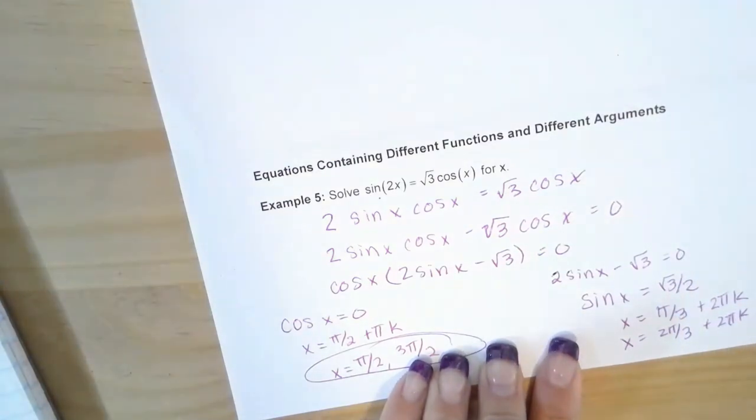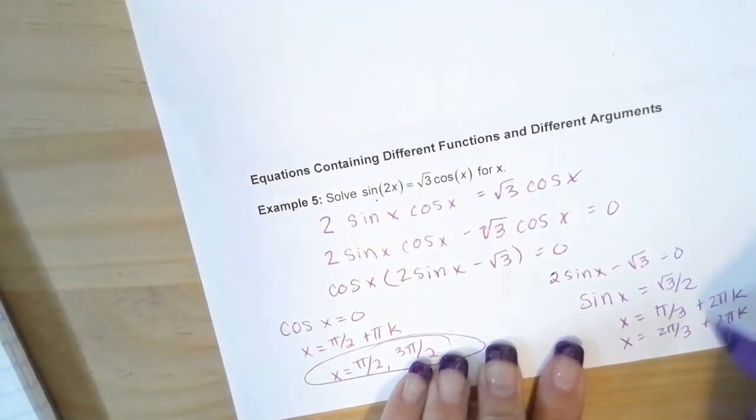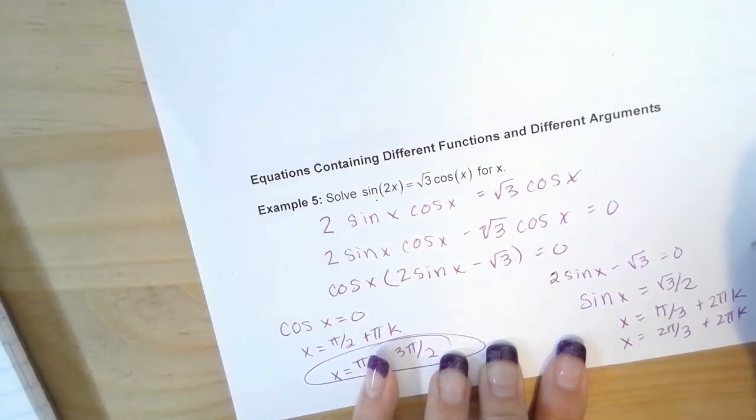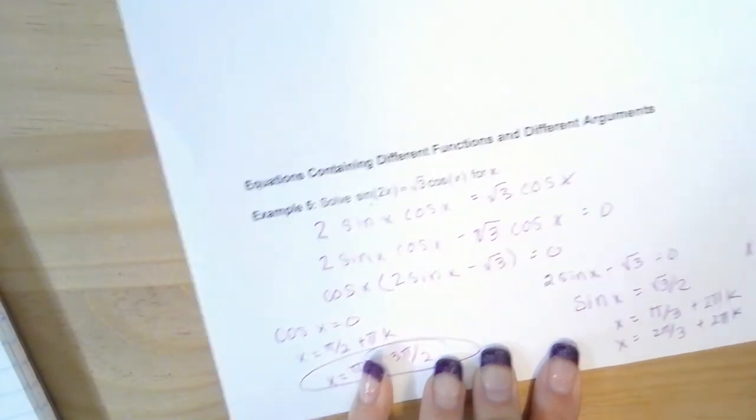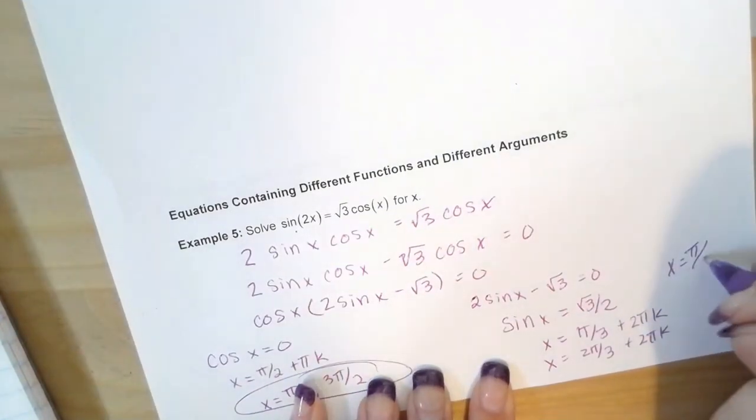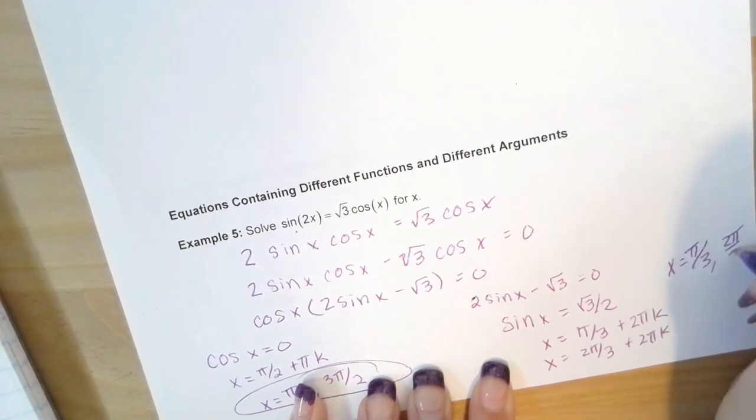But of course in this case we can only get k equals 0 here, otherwise we'd be out of our interval. So x equals pi over 3 and 2 pi over 3.